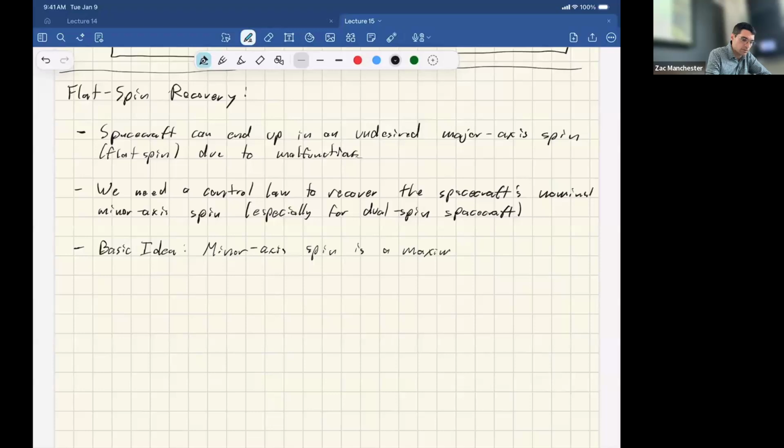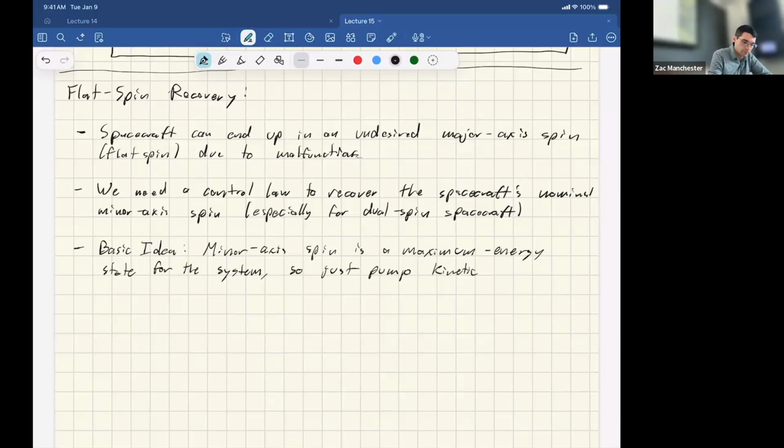The thing we want is a maximum energy state, so all we have to do is pump energy in with our controller. All right, let's figure out how to do that.